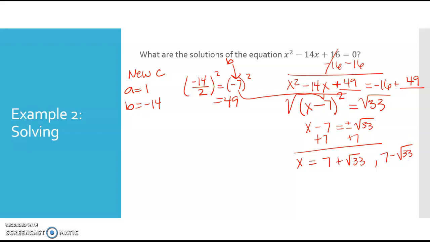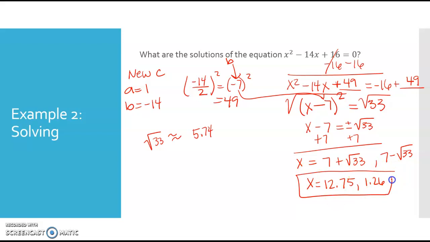But I need to actually figure that out. So the square root of 33 is approximately 5.74. So when I do 7 plus 5.74, I get 12.74. And when I do 7 minus 5.74, I get 1.26. And those are my two answers.